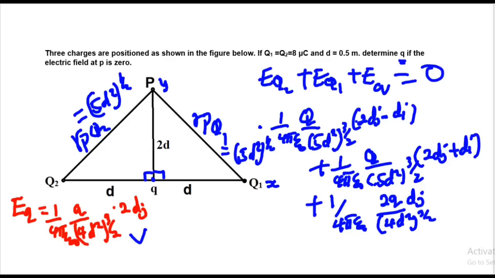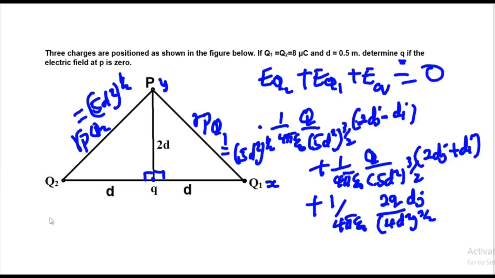Let's clean this. We now have that, of course, this and this are the same, and this and this are the same. We made use of Q because we are told that Q1 and Q2 are equal.